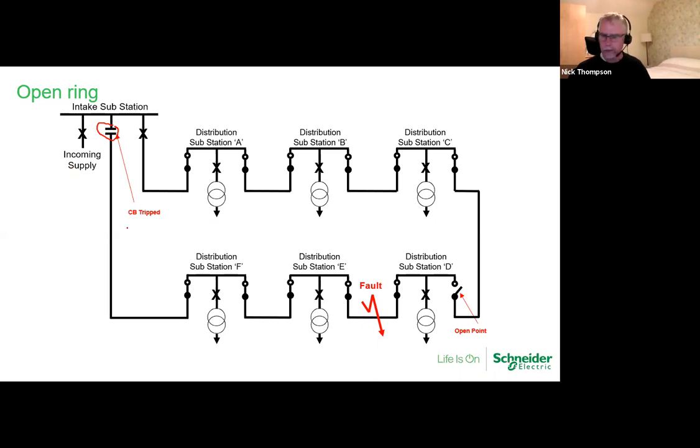So now we've tripped, and we've lost supply to our 3 substations. Now again, provided we know where the fault is, we can do something about it fairly rapidly. So in this case, it's between E and D. By working out where the fault is, not necessarily exactly where, we just need to know it's between substations, we can now start to work out a switching schedule to restore supply to all substations.